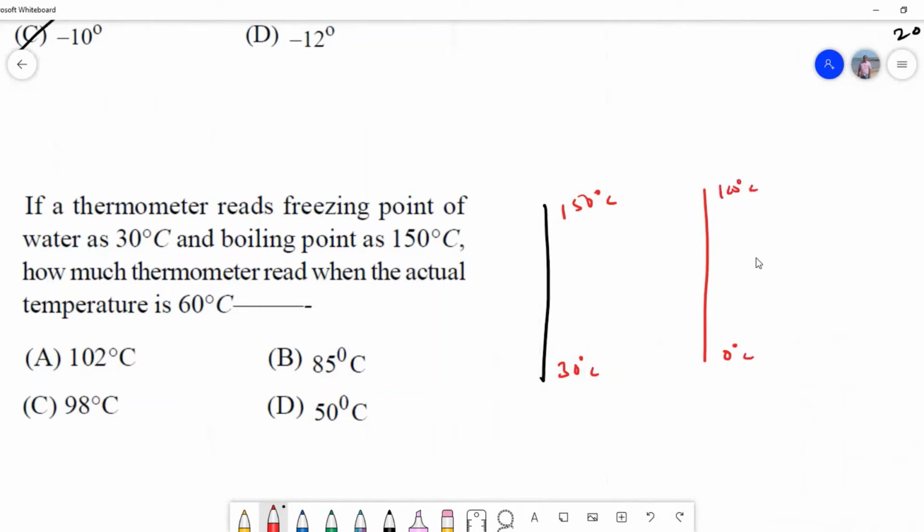That means this is the actual scale, and this is the faulty scale, that means it's not correct. This is the true or correct scale. On the correct scale, the reading is given as 60 degrees centigrade. What is the corresponding reading on the faulty scale?